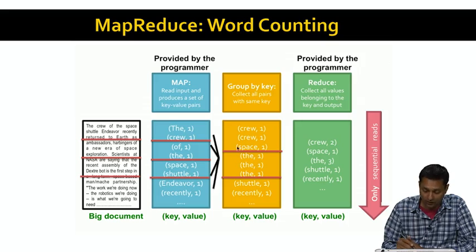Right? So all instances of the same word, whether it started from map node 1 or map node 2, ended up at reduce node 2 in this case. And all instances of the word "crew", regardless of whether they started from map node 1 or map node 4, ended up at reduce node 1.